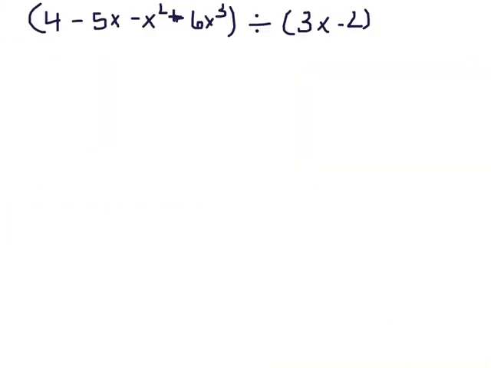Alright, so let's try this division problem. We're going to divide 4 minus 5x minus x squared plus 6x cubed by 3x minus 2. So let's set the problem up first. I have my divisor, 3x minus 2, and that is going to go into my dividend, but we need to make sure we write them in decreasing power.